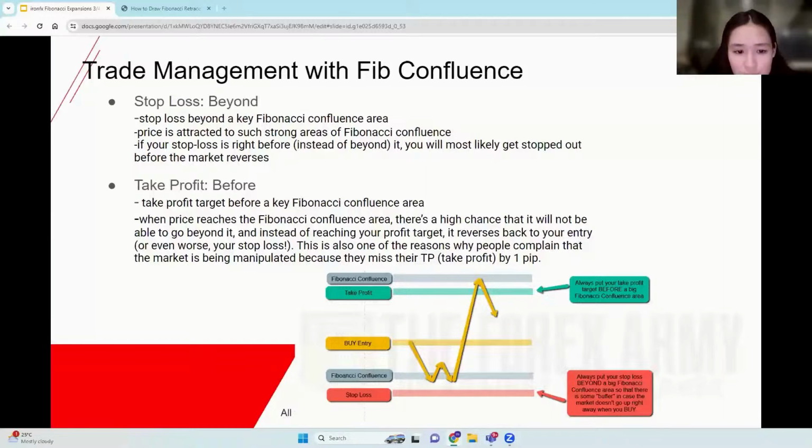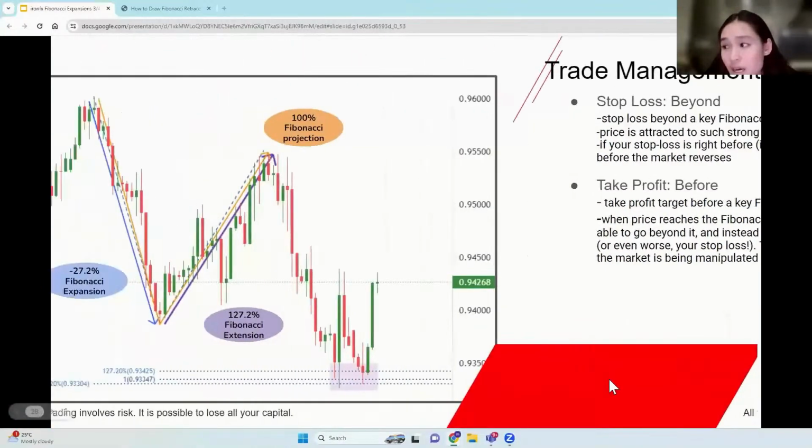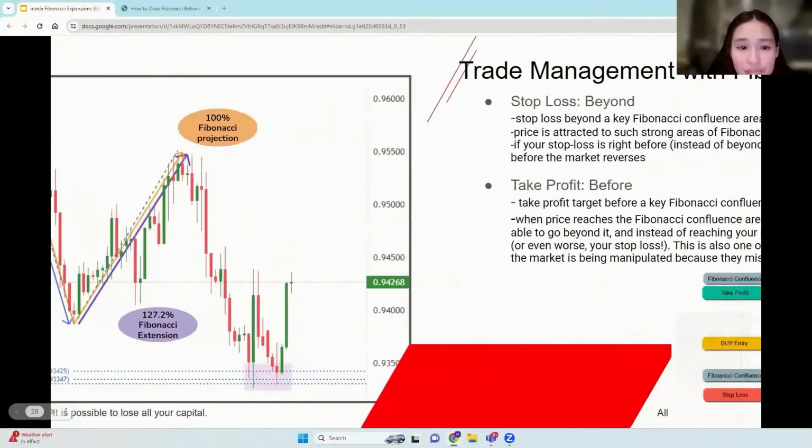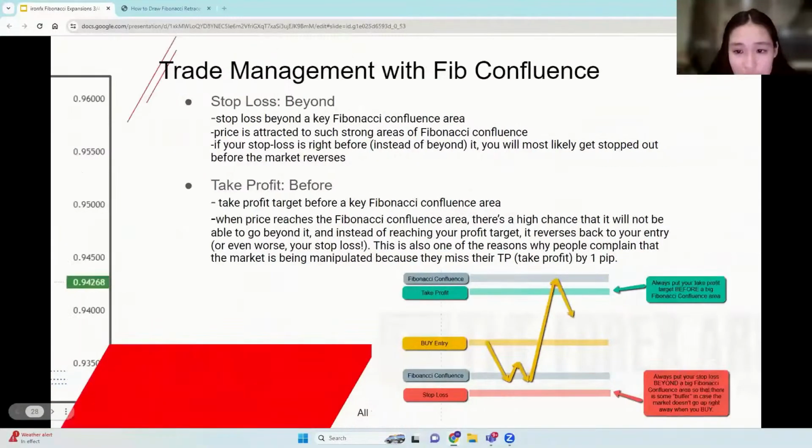Like I mentioned over here, for example, you can see it's just the wick of the candlestick that touches these levels. The actual body of the candlestick doesn't even touch it. So you want to make sure that you catch these levels before they reverse off of them, and this trade management technique helps you with that.